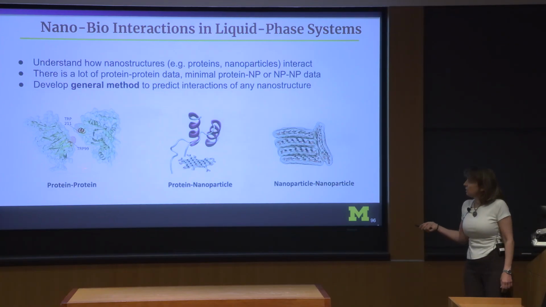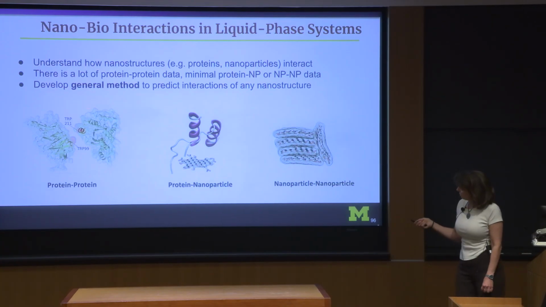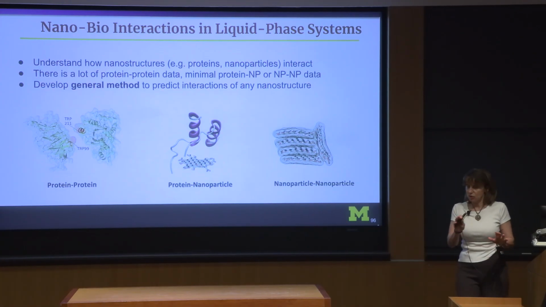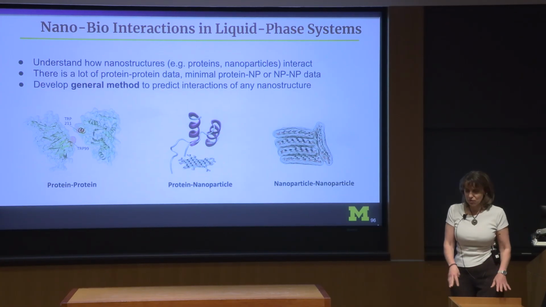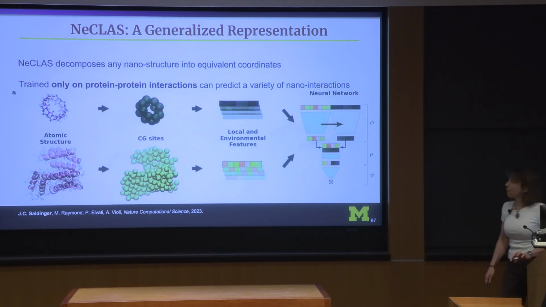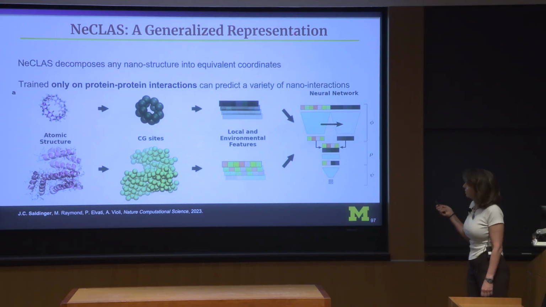So there is a lot of protein. So can we develop a general method? As a last point in this discussion today, and then I'll stop because I think I have diverged too much, I want to talk about Necklace. That is the last code that we developed, a way to generalize the representation.